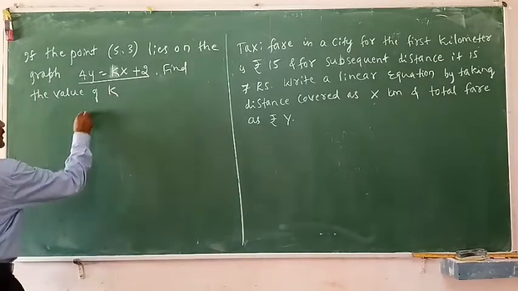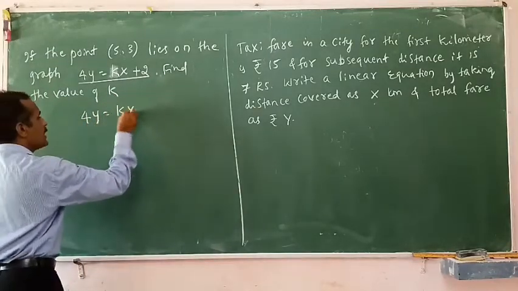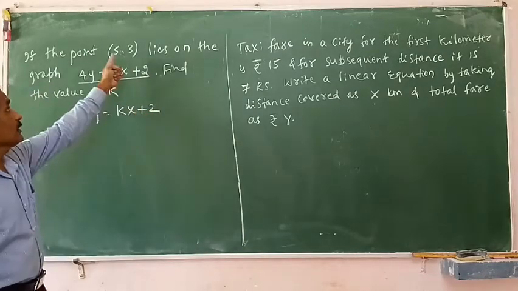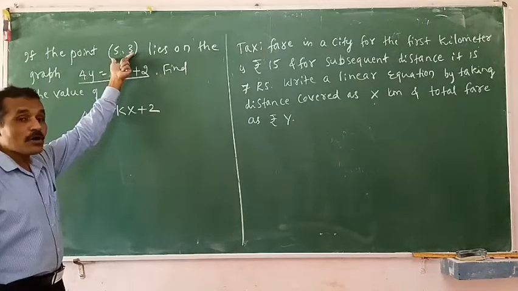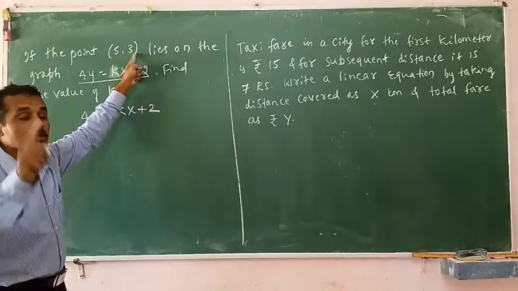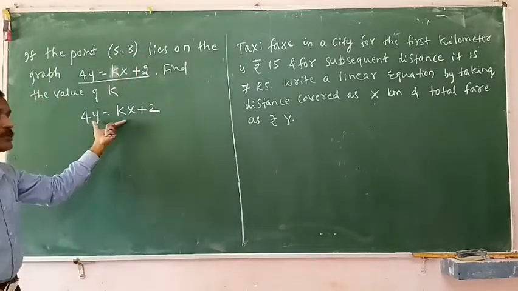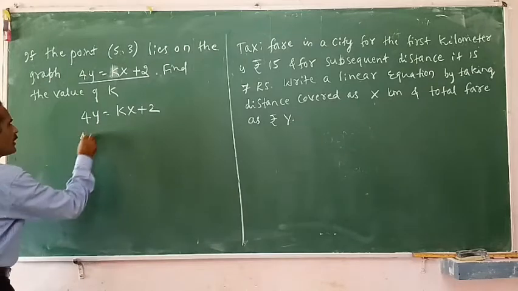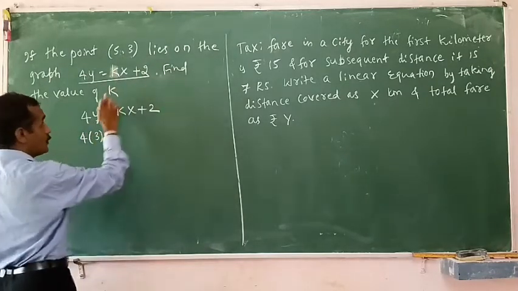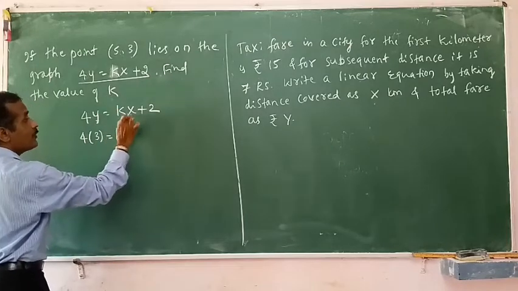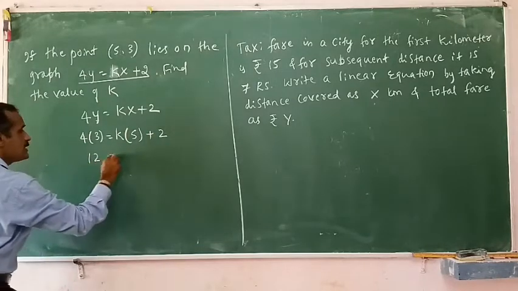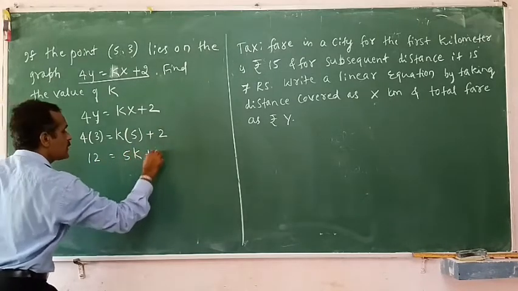Very simple. The equation is 4y is equals to kx plus 2. For this equation, one of the solutions is given. I have told you this is called a coordinate. The first value always refers to the value of x, and the second value always refers to the value of y. That gets substituted. That's all. It is 4 into y, which is 3, is equals to k into x, which is 5, plus 2. 12 is equals to 5k plus 2.